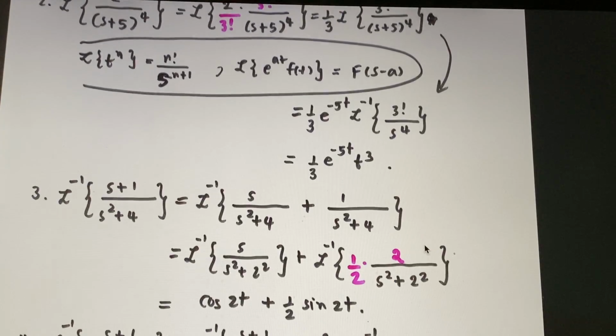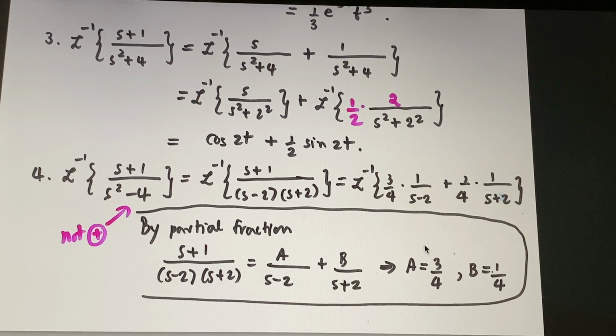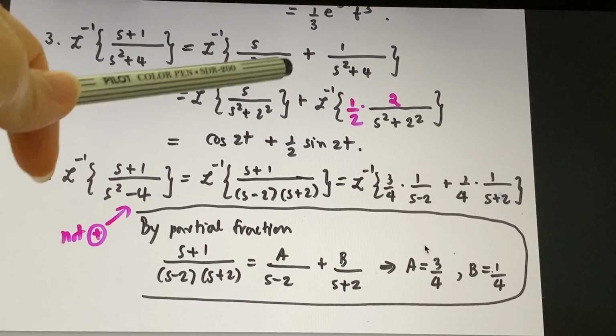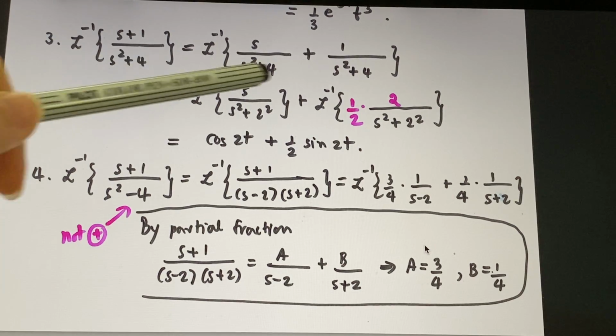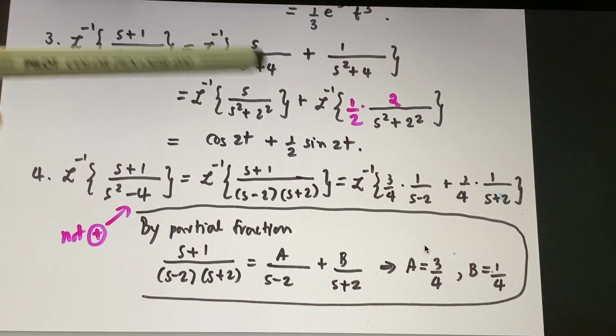Okay, let's see number 3. Inverse Laplace of (s plus 1) divided by (s squared plus 4). When I see this term, I probably think of cosine 2t, but how are we going to do that? So we need to split this into 2 terms. s over s squared plus 4 is the first term, plus 1 over s squared plus 4 is the second term. So the first term is quite complete.